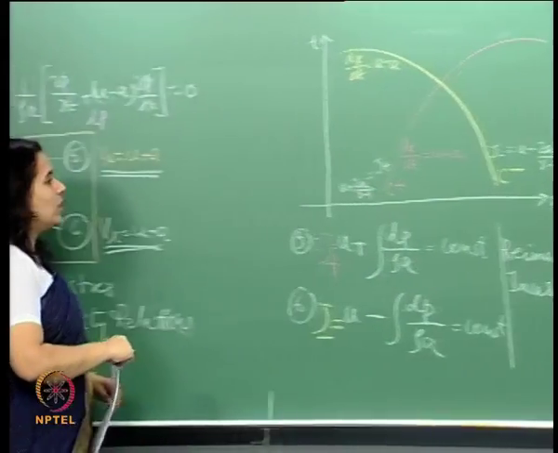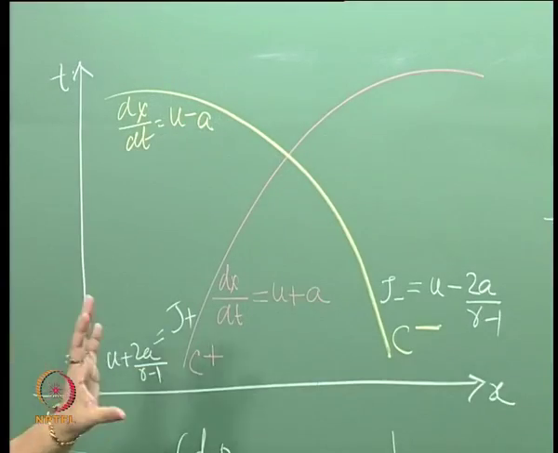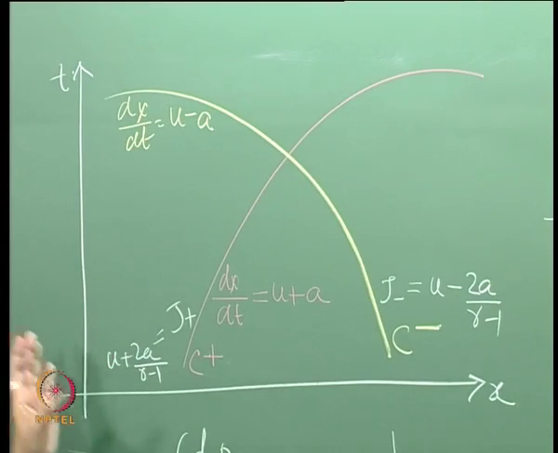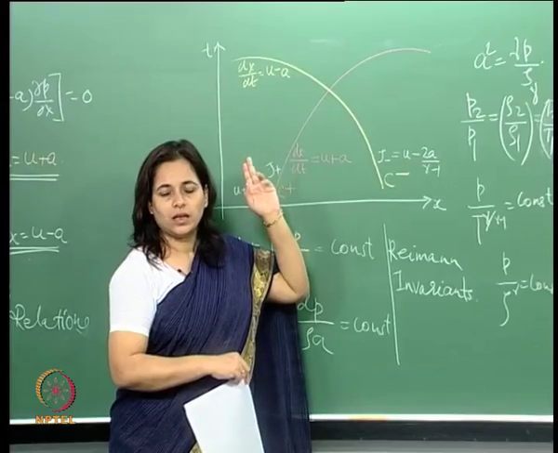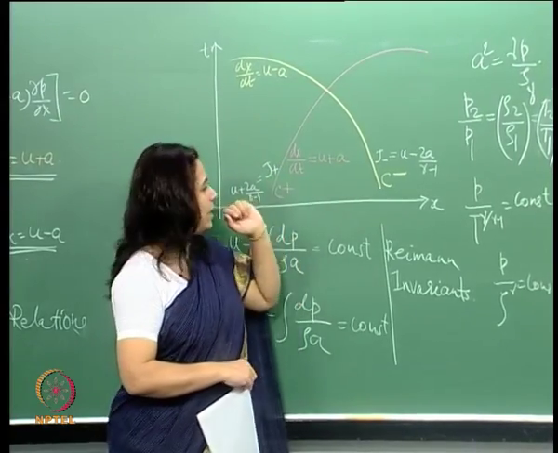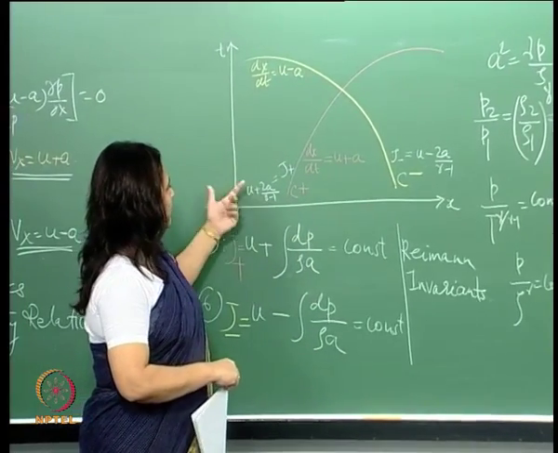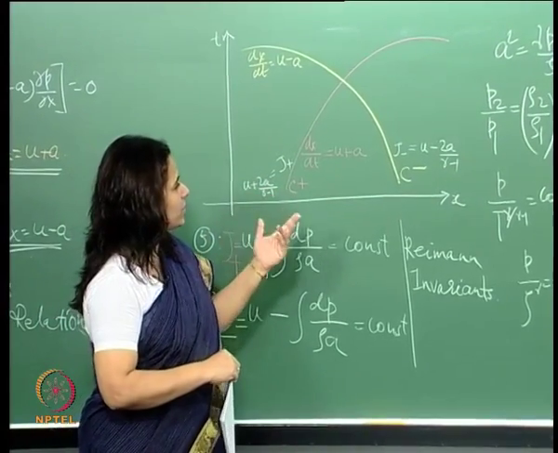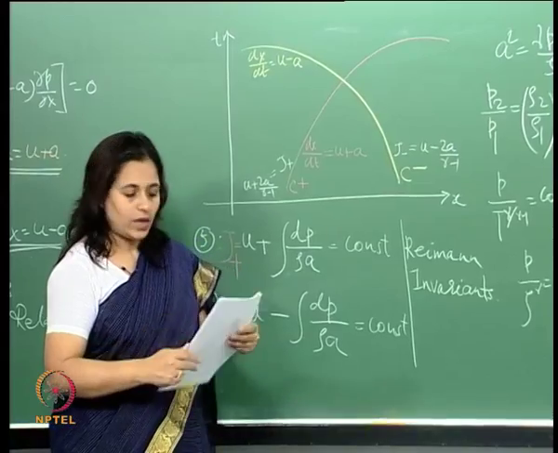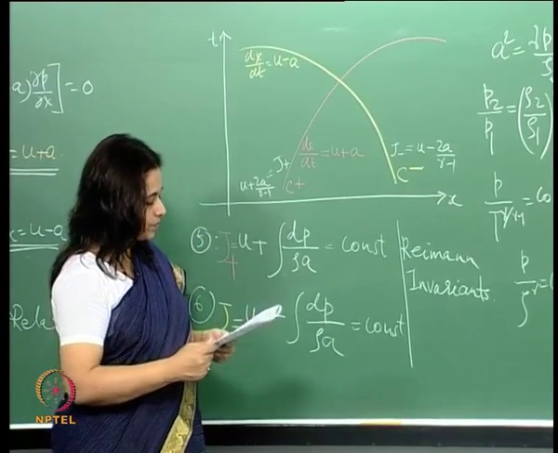So essentially the solution to the compatibility equations lies on certain lines which are known as the characteristics. This is the new information that we are getting now. Now we have to see how we are actually going to put this to use.